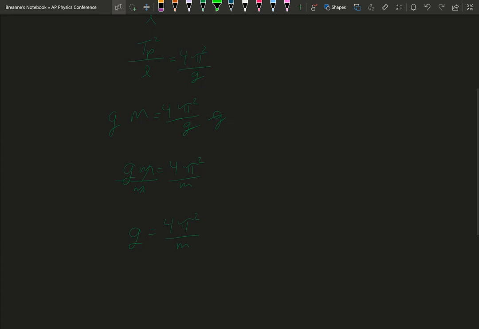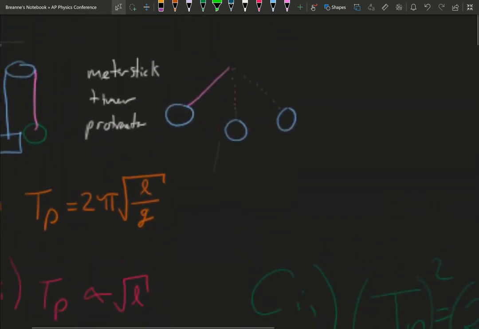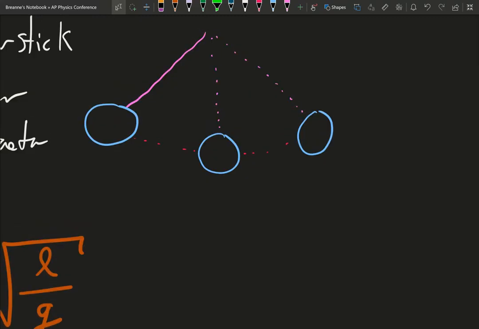D does have a diagram, and it looks very similar to this little diagram I drew up here, except these are labeled X, Y, and Z. It says, in a second experiment, the student attached a sphere to a string such that it undergoes simple harmonic motion between points x, y, and z, as shown in the figure.